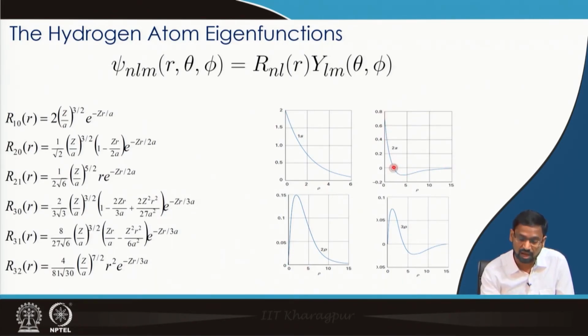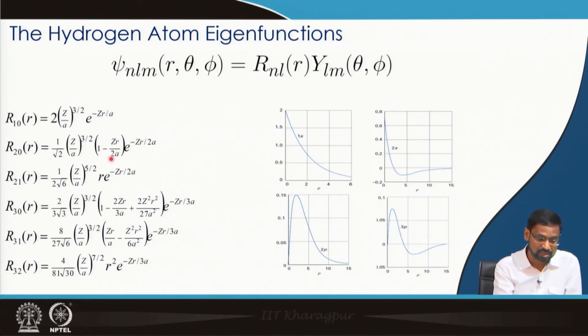At this value of r, this function becomes 0. That means it develops a radial node. So the 2s orbital has a node at a particular value of r, which is the root of this polynomial.